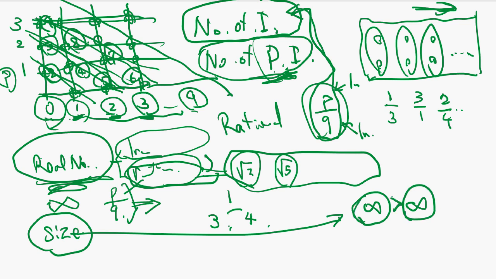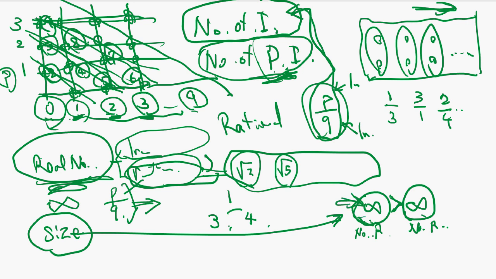So if you take the infinite of this type, real numbers, compared to the number of rational numbers, which is going to be smaller, definitely this infinite is larger.